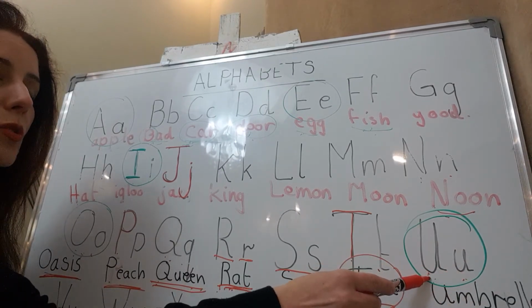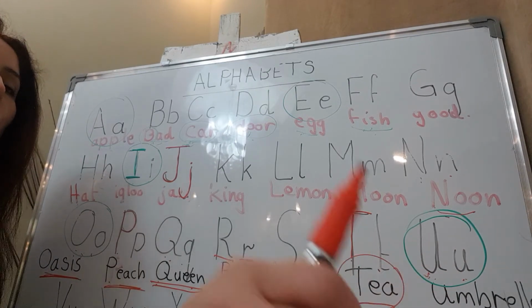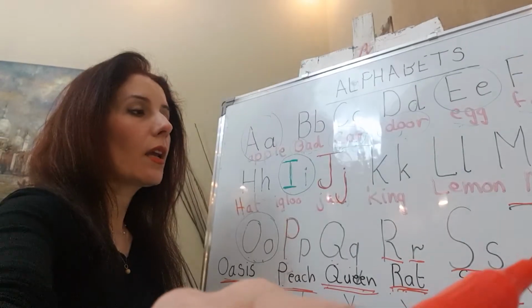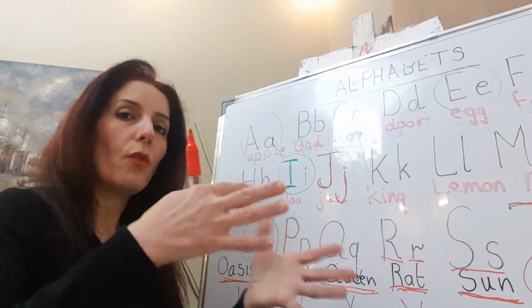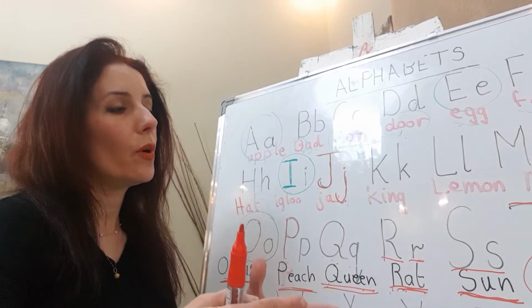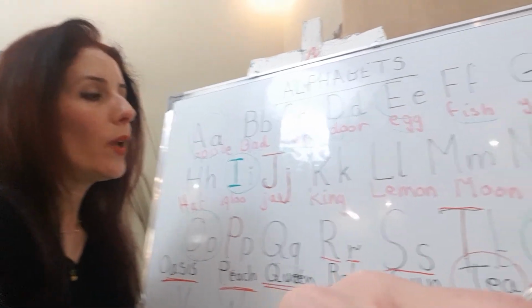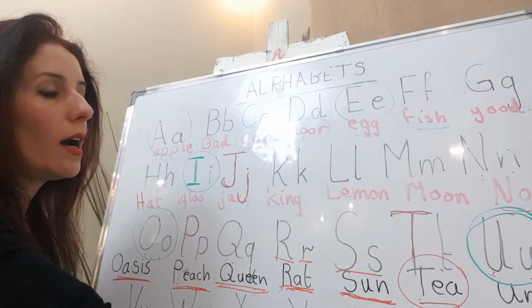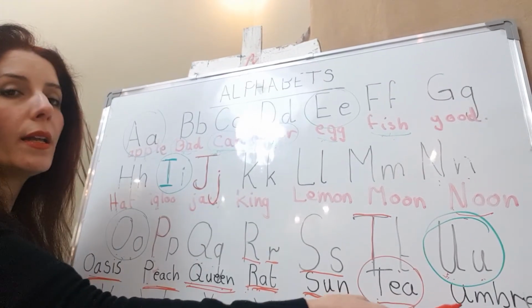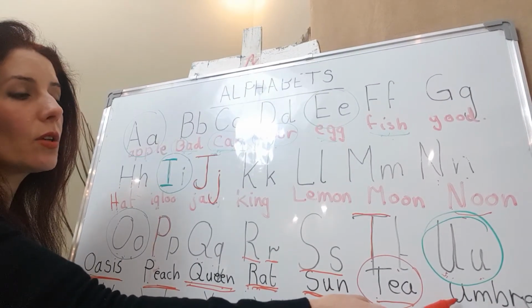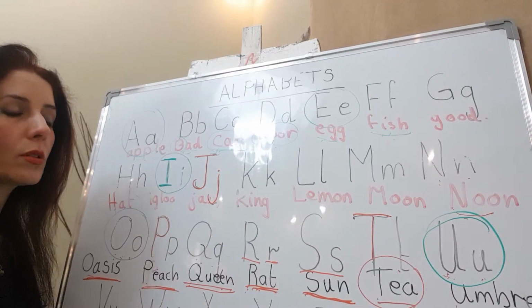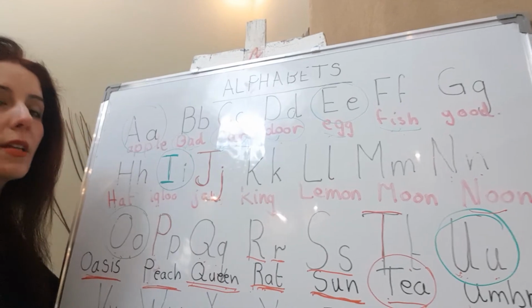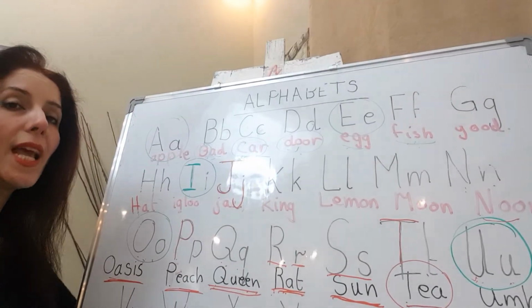So we can actually pronounce it in two ways, like a or u, according to its place in the word. So here we can pronounce it like umbrella. So it is a, and in some words we can pronounce it u. So it is according to its place in the word.